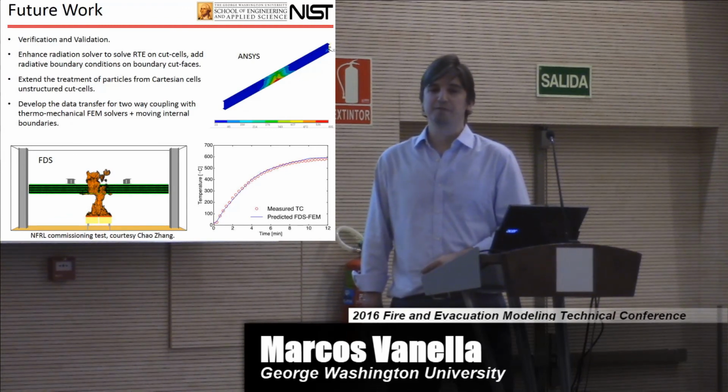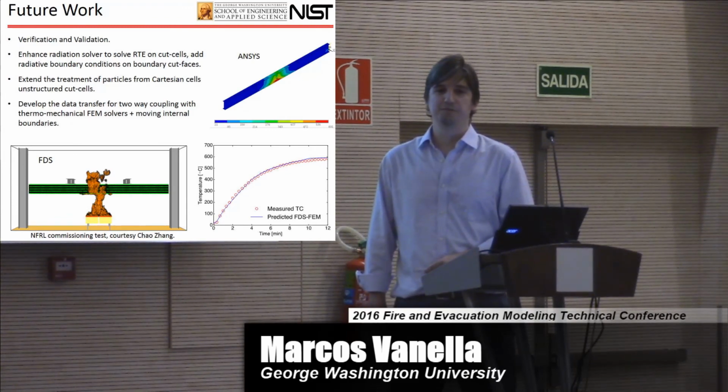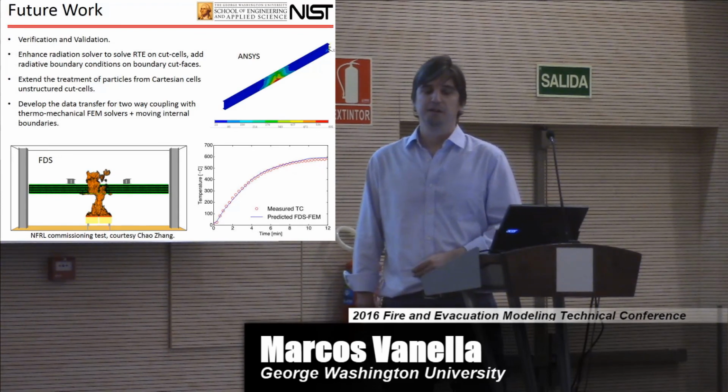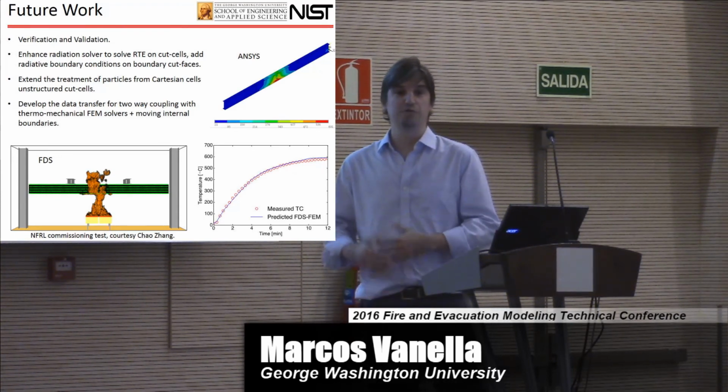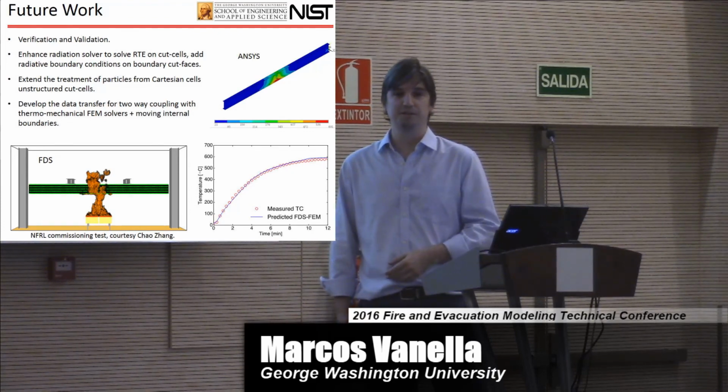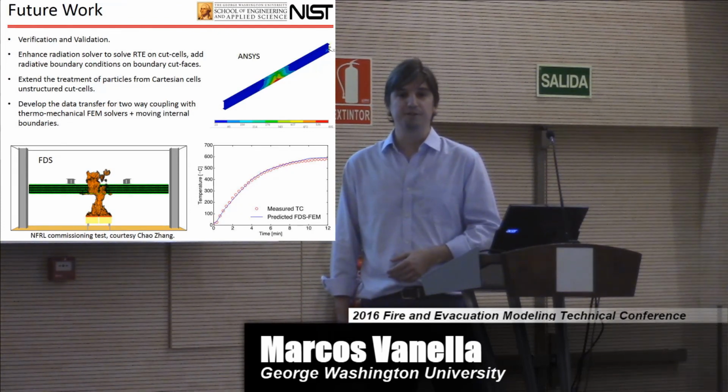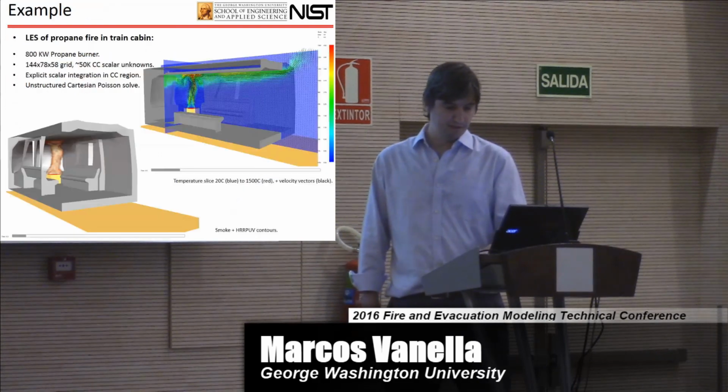Of course, that will depend on the amount of cells you have in the implicit region. If you have a domain where you have a very intricate shape and most of the cells in your domain are implicit, it's going to make it very expensive. For example, this case I showed here.